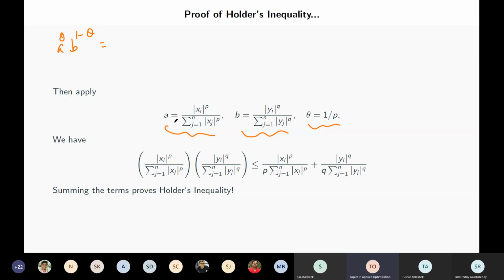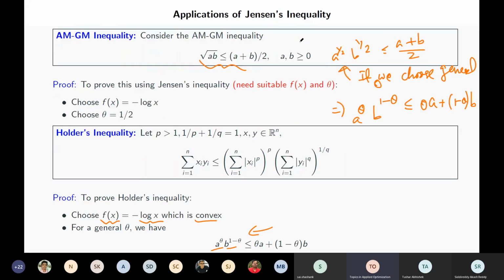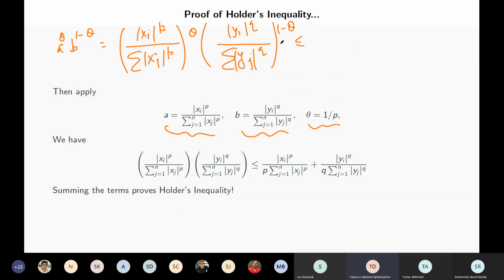So this will be xi p by summation xj p, to the theta, and this is yi q by summation yj q, to the 1 minus theta, and this should be less than or equal to theta a plus 1 minus theta b, right?